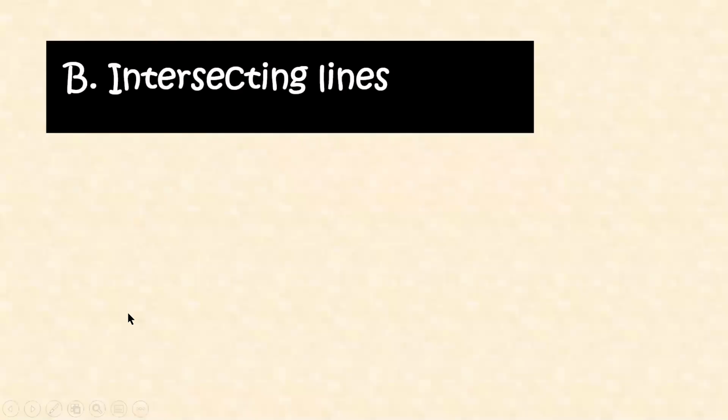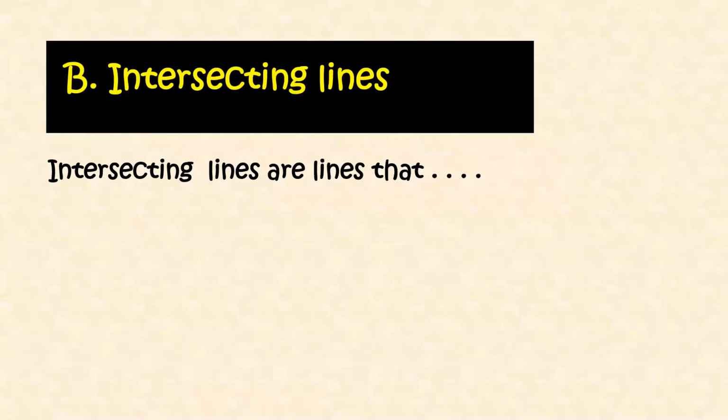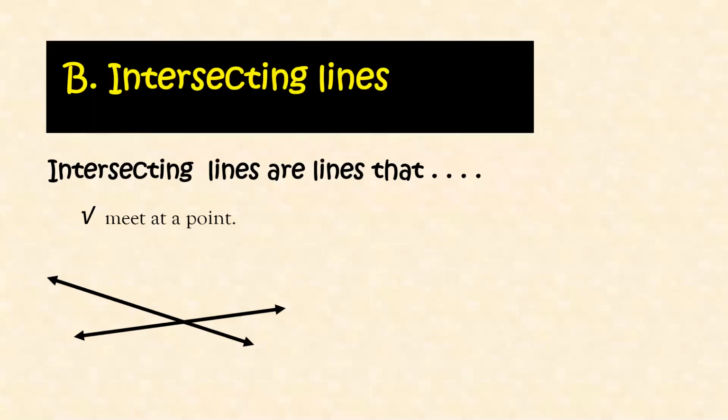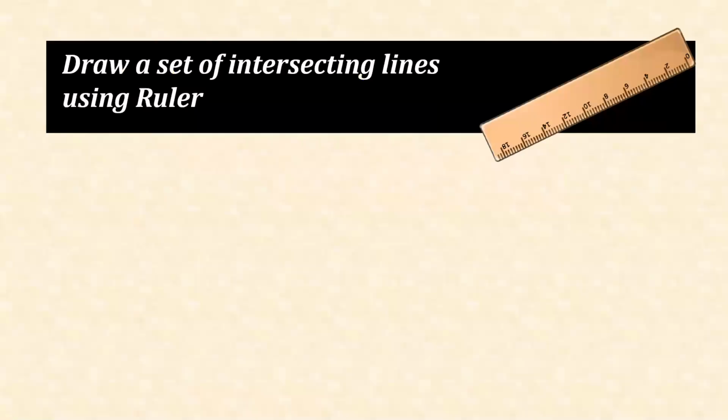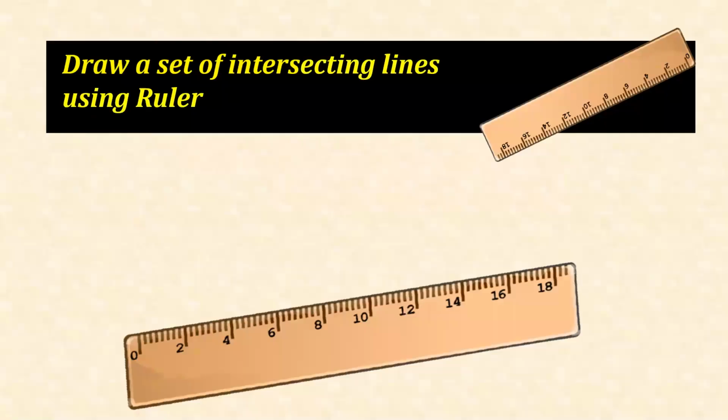Okay. Let's proceed to the drawing of intersecting lines. So take note, intersecting lines are lines that meet at a point. Look at what I am showing you here on the screen. Okay. So watch out and I will show you how to draw intersecting lines using a ruler again.